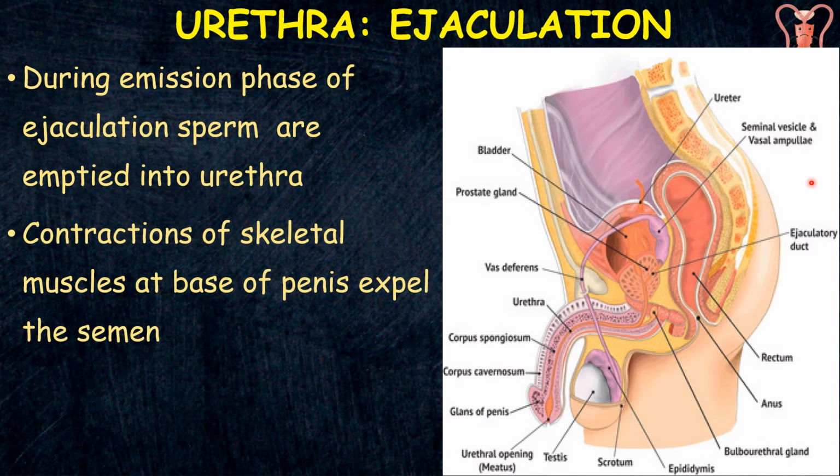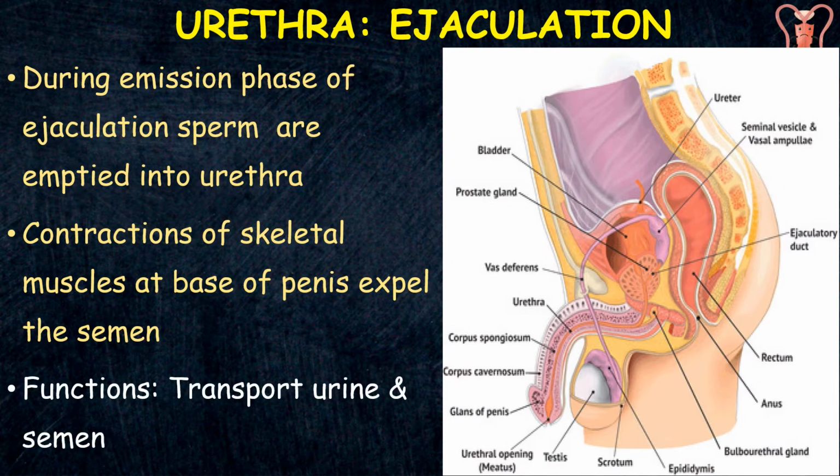The motor neuron induced contractions of the skeletal muscles at the base of the penis expel the semen during the expulsion phase of ejaculation. So the main function of the urethra is to transport the urine and the semen.